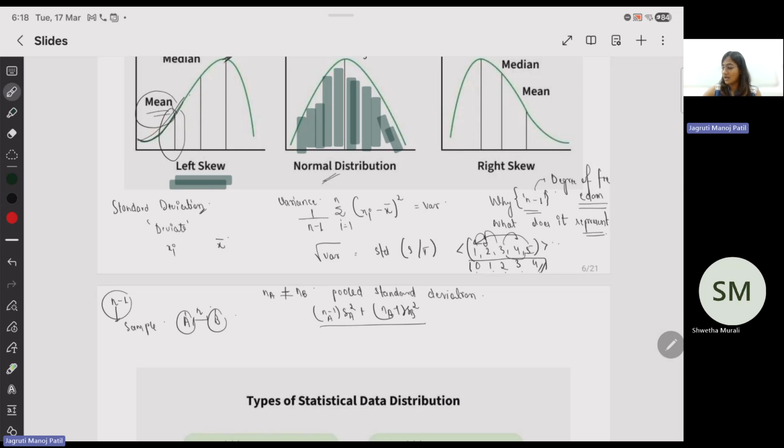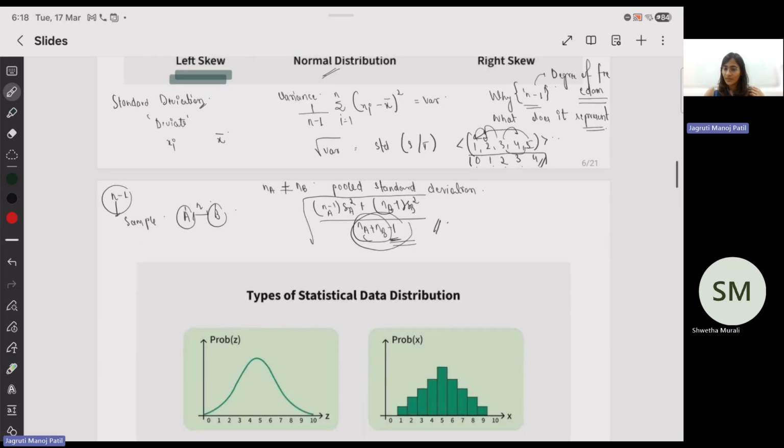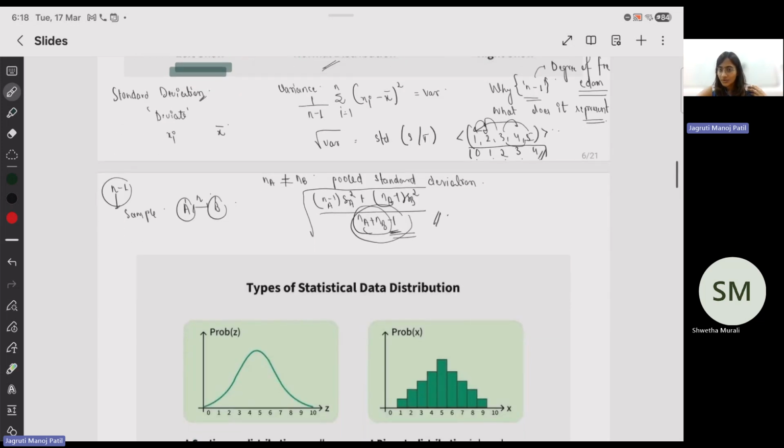Please go and see the formula for it. Don't trust the formula that I'm writing from my own memory, so have a look, but it's something like this. Here also it accounts for the deviation. I'll add both of the terms and subtract one from it. This is just to preserve the order of the distribution or the data sets that I have. Okay. That is something I wanted to share.